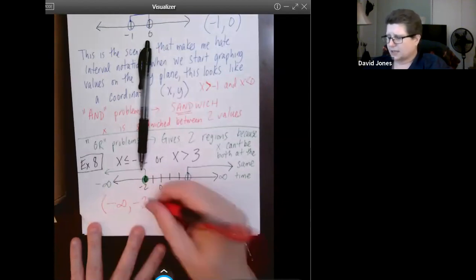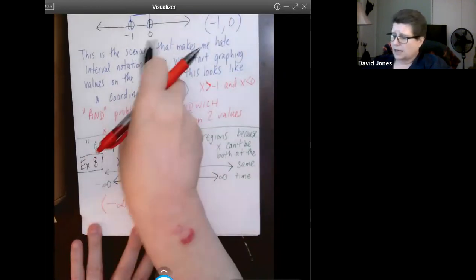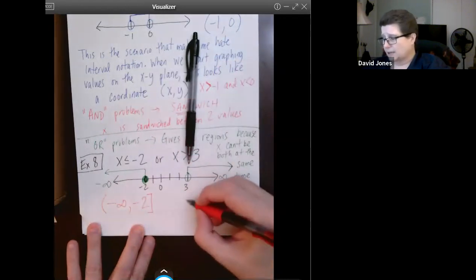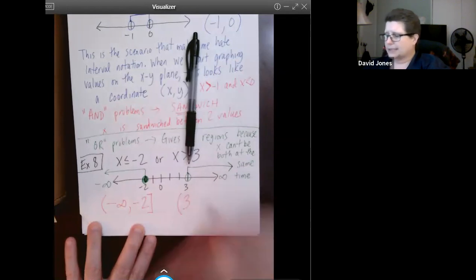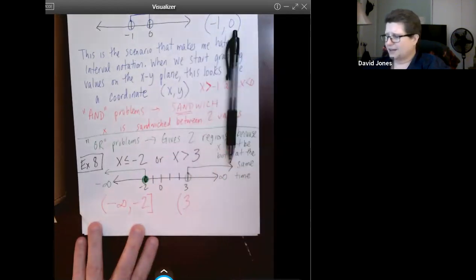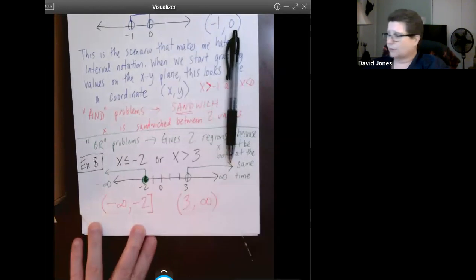It includes -2, so I'm going to put a bracket. I keep going. The interval restarts at 3. So I'll put a 3. It doesn't include the 3, so I'll put a parentheses. And it keeps going until it hits infinity. We have positive infinity here, parentheses.